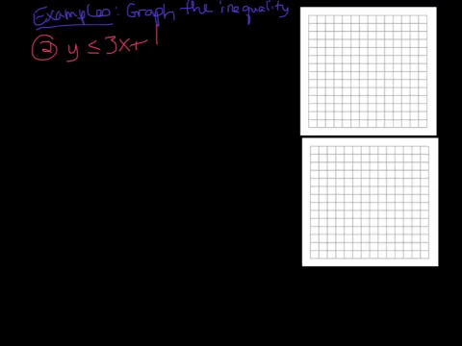The first step is that you are going to decide if you are going to have a solid line or a dashed line. And if you look at the previous slide, or if you look up in your notes, you'll see that because we have it less than or equal to, it is going to be solid.